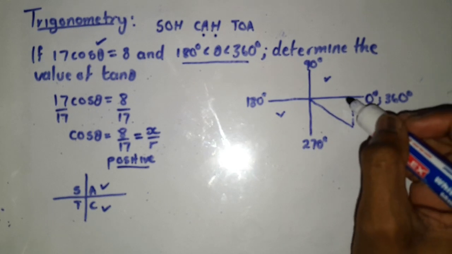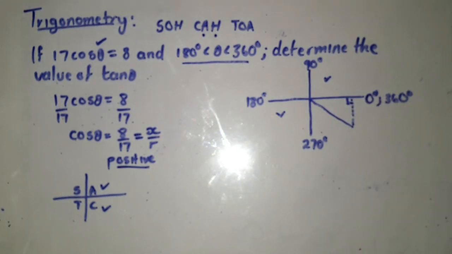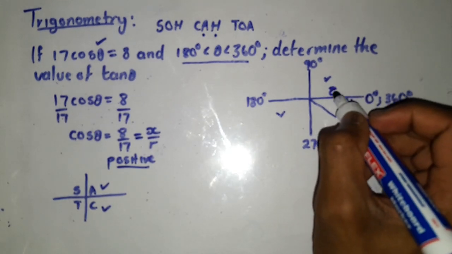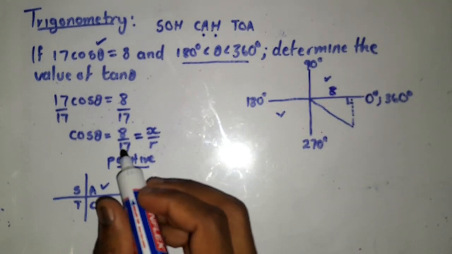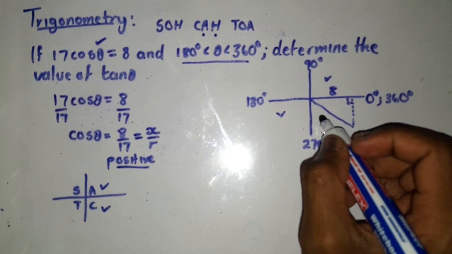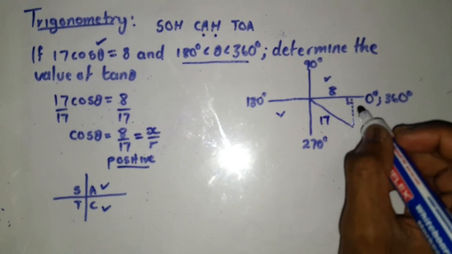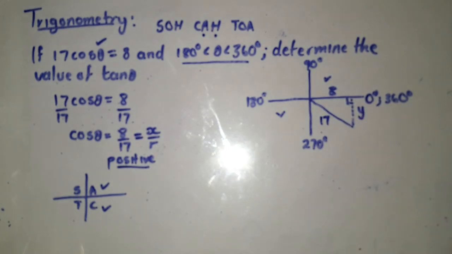It's a right angle triangle. Now we know that x is 8, and our r value, the hypotenuse, is 17. We don't know the value of y. How can we figure out the value of y?